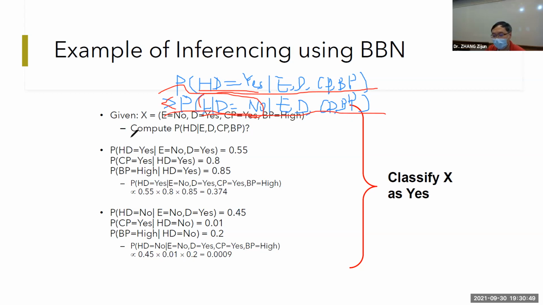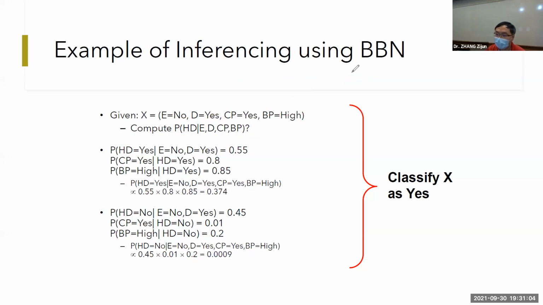Then the question is how to compute the probability P(HD | ED, CP, BP). How can we do that computation? And why do we have these three items in the slides?